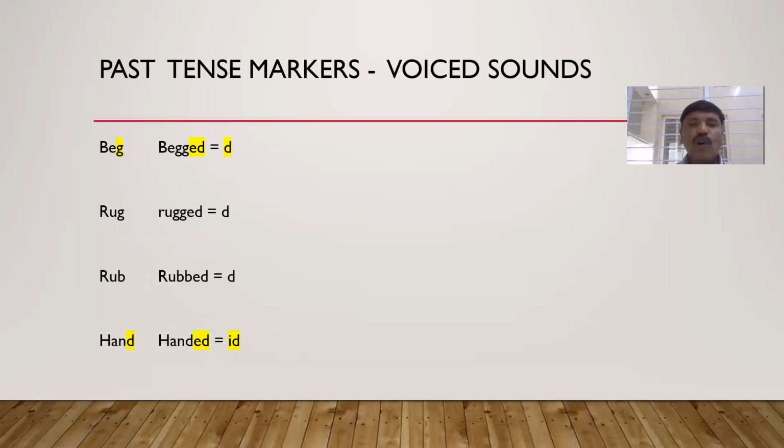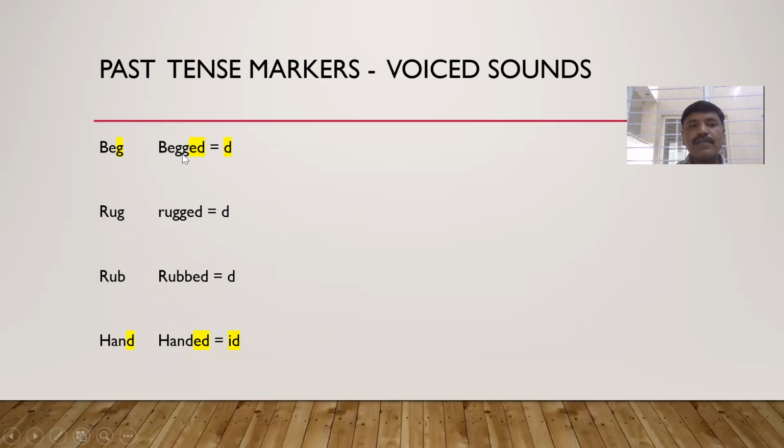Similarly, when we observe voiced sounds, see here, g is a voiced one, and b is also a voiced one. If any verb ends with a voiced sound and it is inflected for its past tense with ed, this ed is pronounced as d. Begged, it's begged.